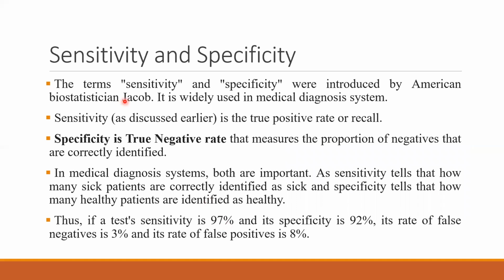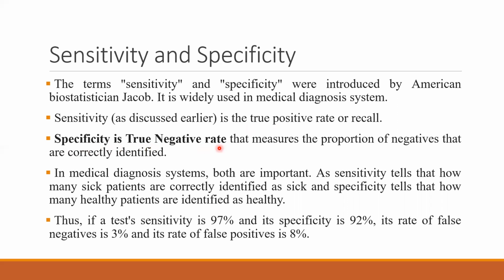Sensitivity and specificity. These two terms were given by the American biostatistician Jacob Yerushalmy. He made these terms and he used them for medical diagnosis. Sensitivity is called recall. We have already seen recall, and it is also called the true positive rate.